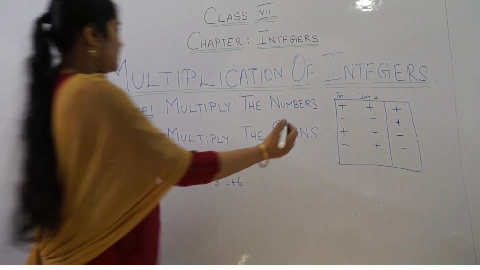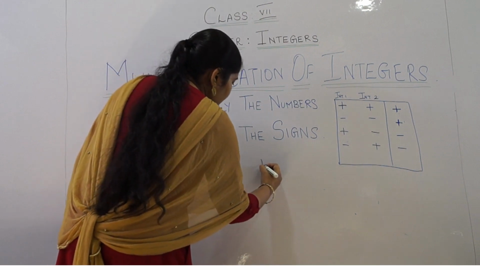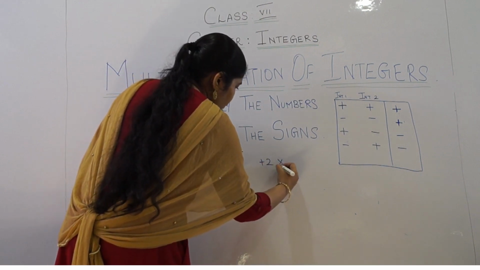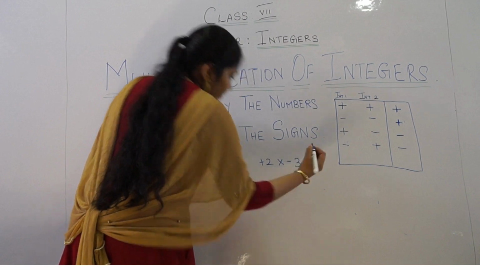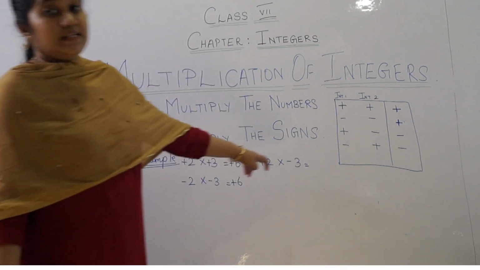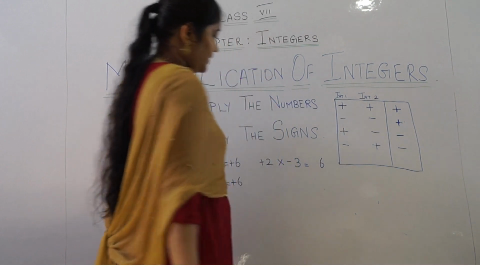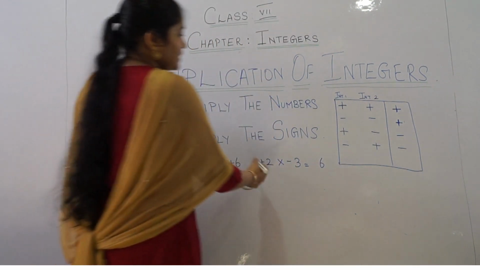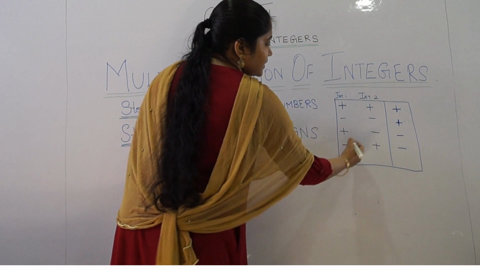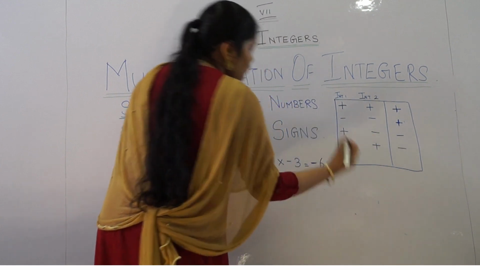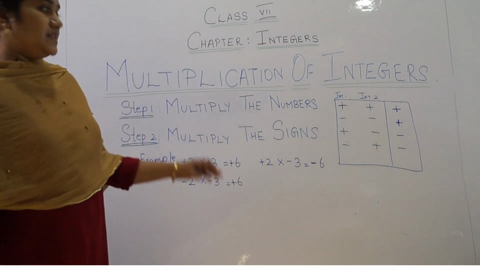Another example, plus 2 into minus 3. Now the signs are different. So what do I do? I multiply the numbers. Yes, it is 2 into 3, 6. Plus into minus, from this tabulation, plus into minus is minus. So my answer is minus 6.